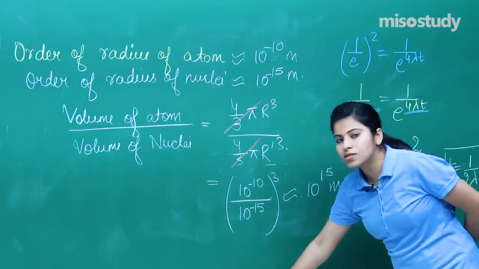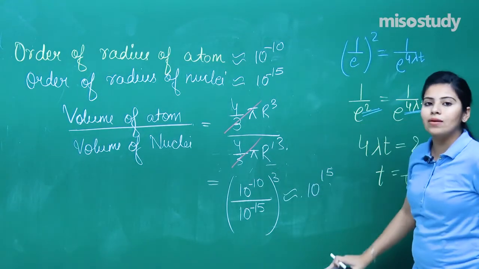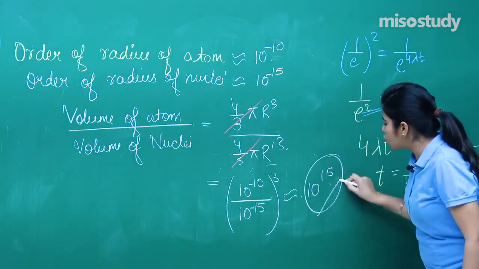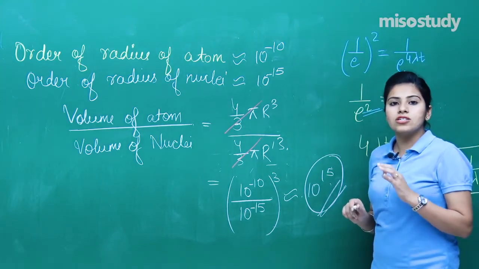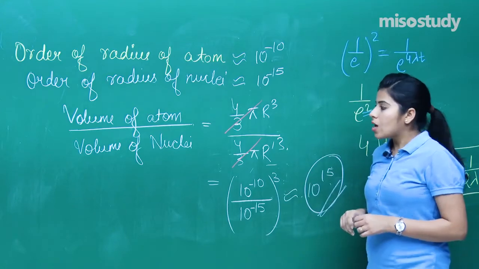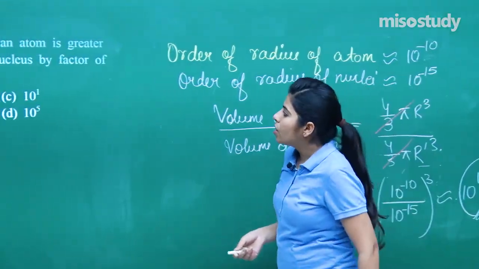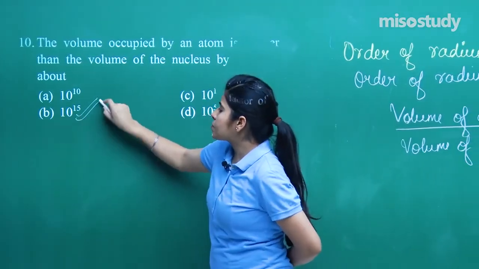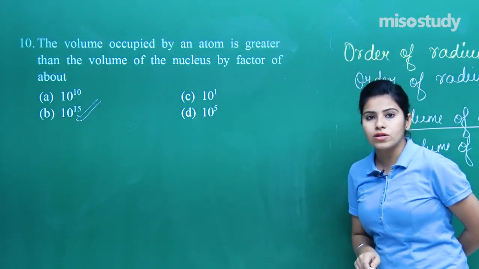I can remove the unit from here, because I am just talking about the order. So the order has come out equal to 10 raised to the power 15, and you can verify it by calculation. I can see that option B, that is 10 raised to the power 15, is the correct answer.